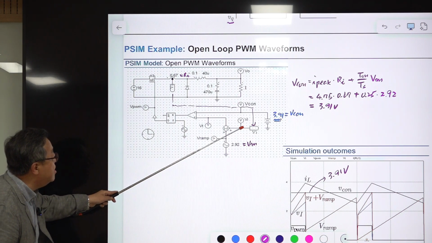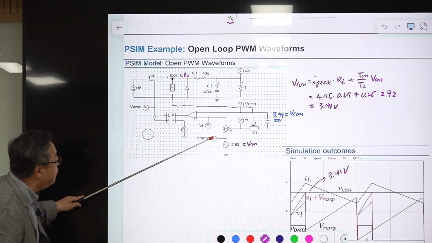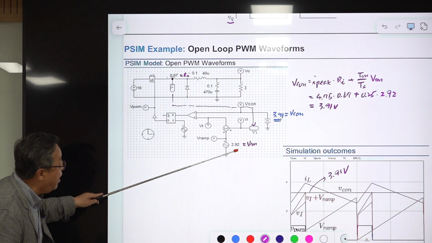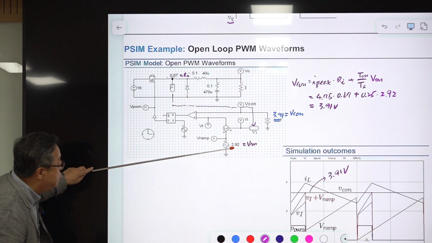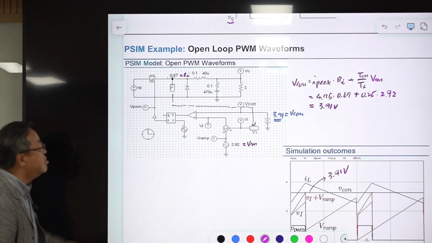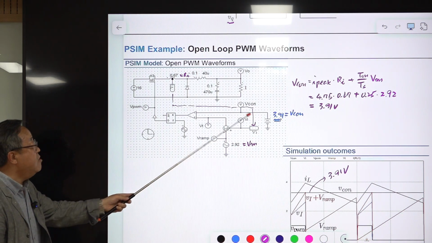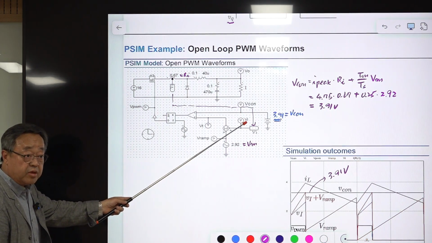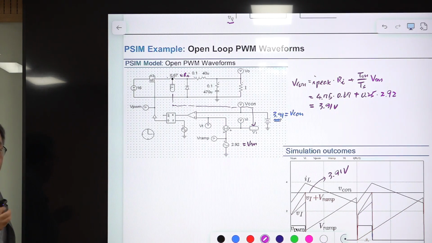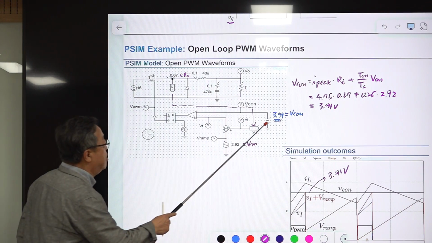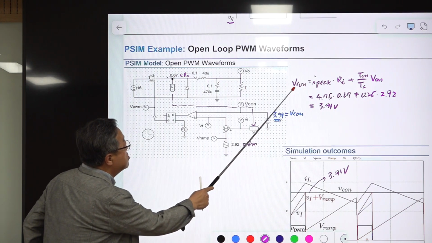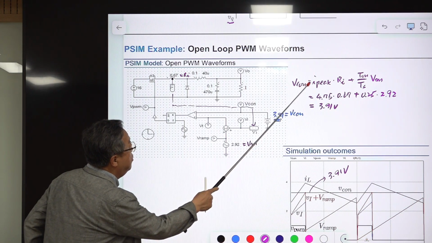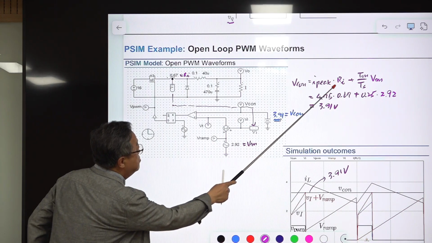Vi is mixed with V ramp. This is the height of the V ramp, which was 2.92 volt. This is the DC value of Vcon, the control voltage, which was 3.91. I calculated here, this is the DC value of Vcon, I peak times Ri.